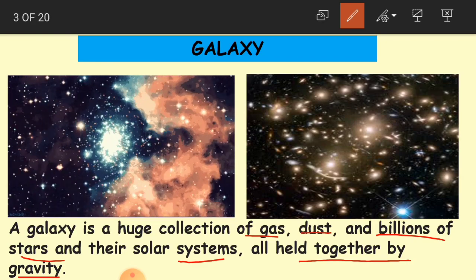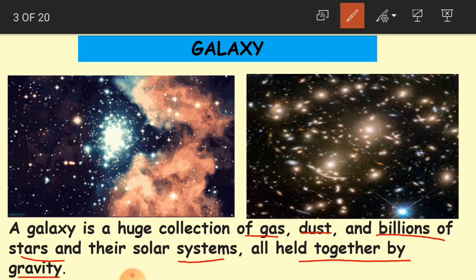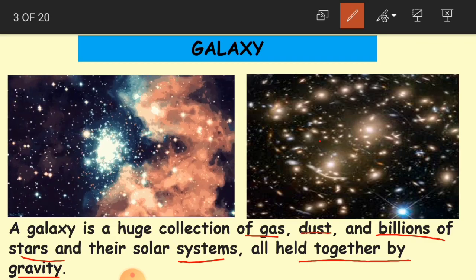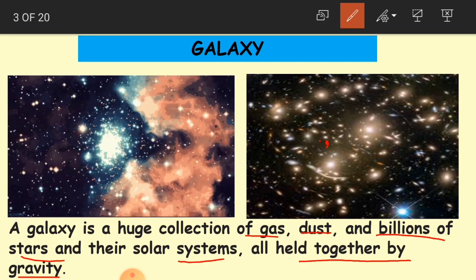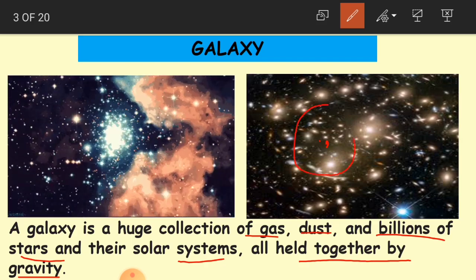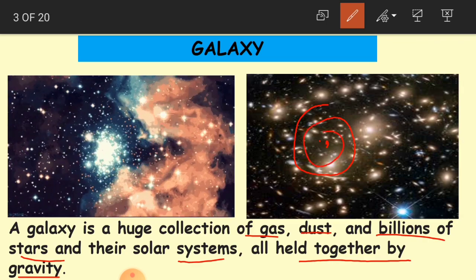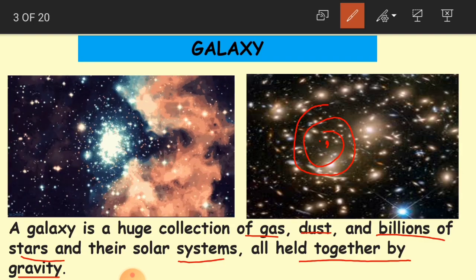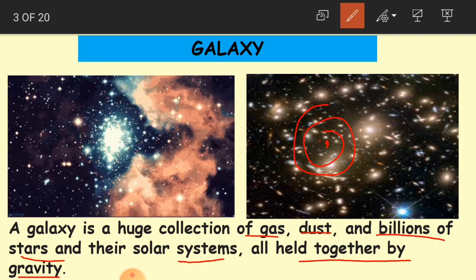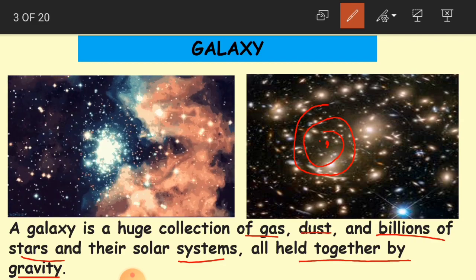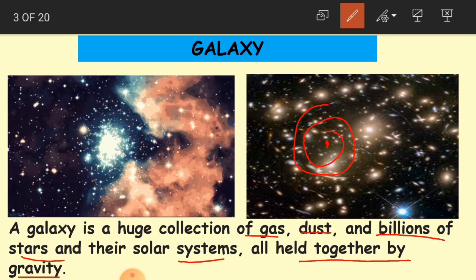As we have learned, suppose the sun is the star, so what are the planets? All 8 planets which revolve around the sun are called the solar system, along with the other celestial bodies. All held together by gravity. This is nothing but a galaxy. See how beautiful it is to see.